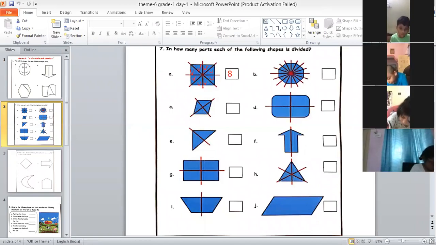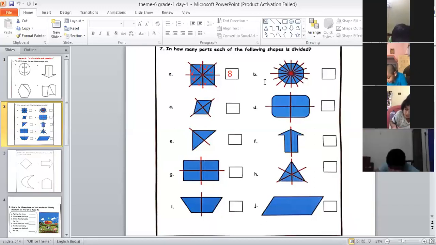Pradiksha, now look at the second bit and tell me into how many equal parts the second shape is divided.